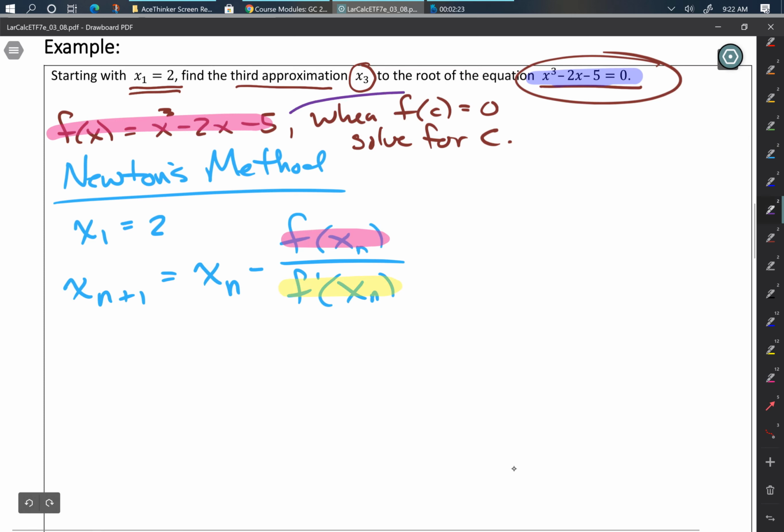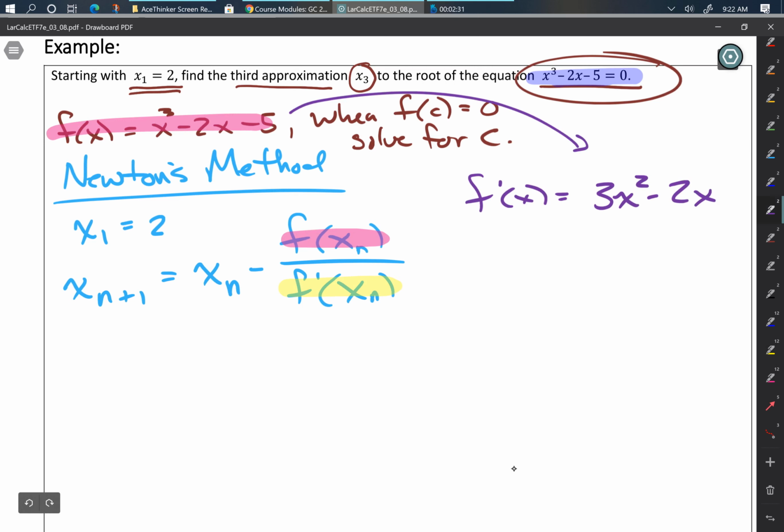So if that's f, what's f prime look like? Well, f prime is going to be 3x squared minus 2x. Okay? So that tells me that x sub n plus 1 is going to be equal to x sub n minus, wait, let me move this down a little bit so I make sure I have enough room.